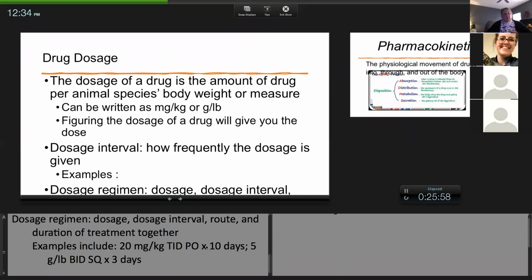Now, propofol, I like to use that as an example. Propofol has a dosage range. When you deal with anesthetics, well, every drug we give, metronidazole has a range. You can give anywhere from 5, maybe 10 to 15 mg per kg, and sometimes it depends on what you're treating.